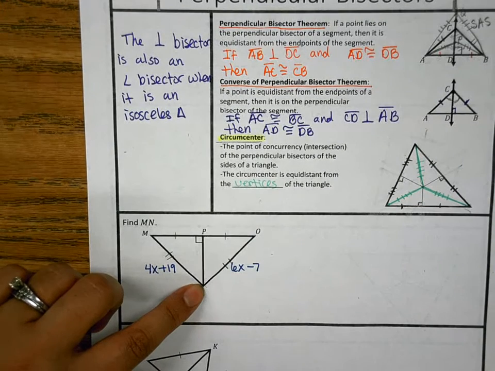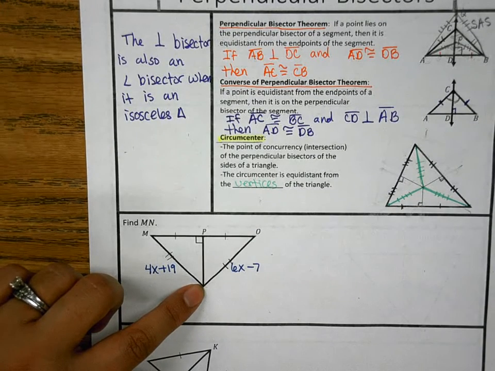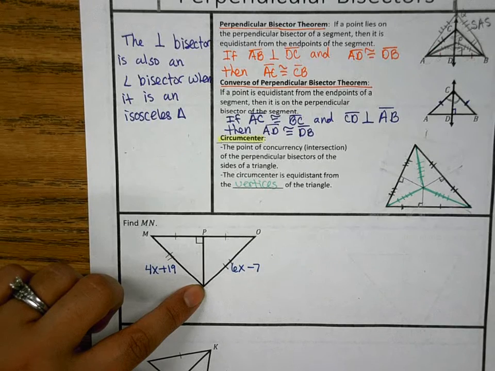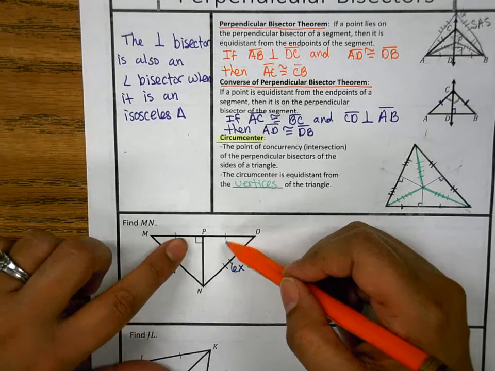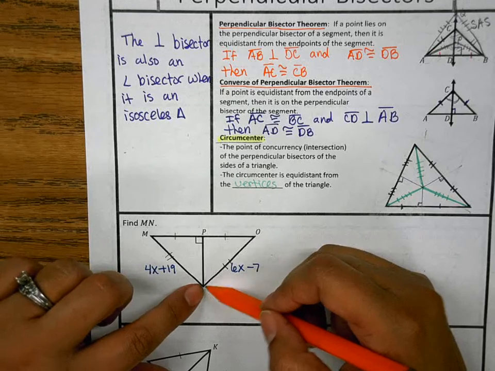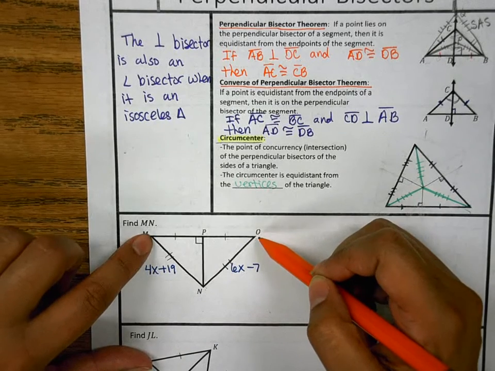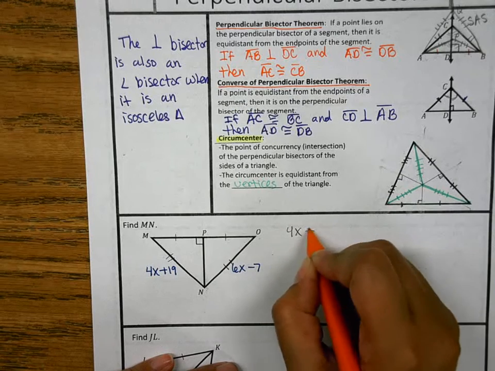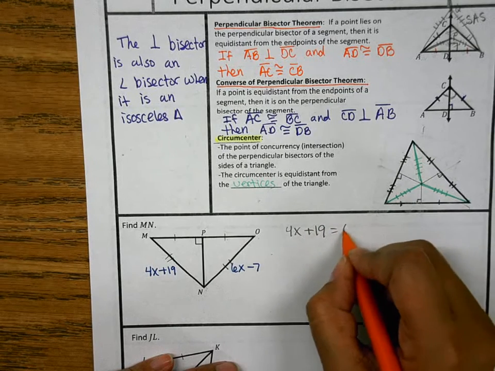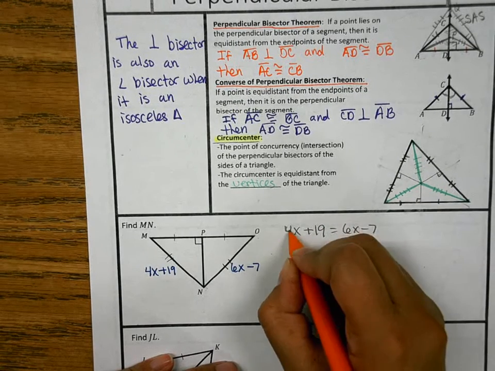So even though they did not mark it for us, we can say yes, indeed, they are congruent. And the only reason we can do that is because of the perpendicular bisector theorem. A point on the perpendicular bisector is equidistant to the endpoints. It is an isosceles triangle.